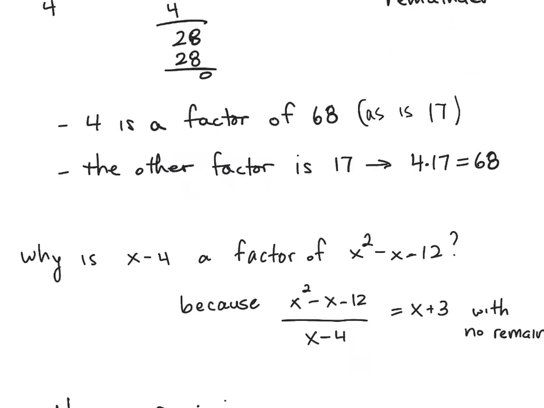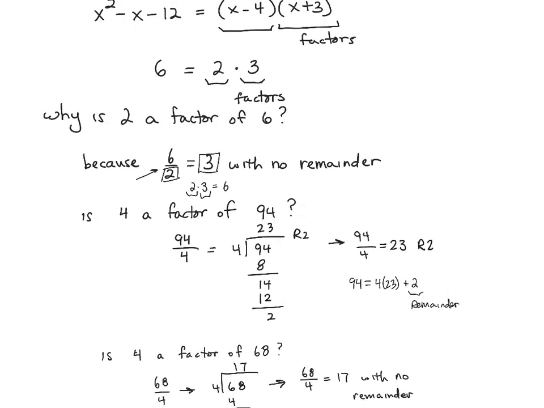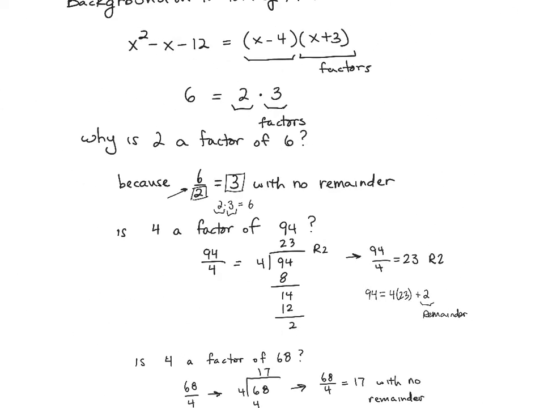So this question right here: why is x minus 4 a factor of x squared minus x minus 12? We already looked at that up here. We know that x squared minus x minus 12 factors into x minus 4 times x plus 3.